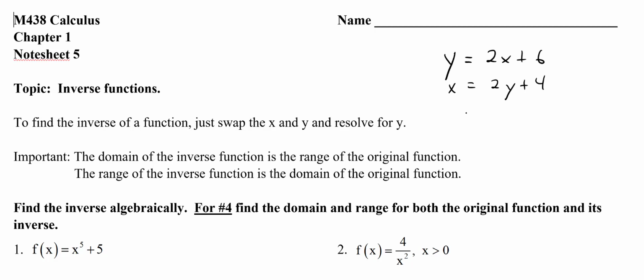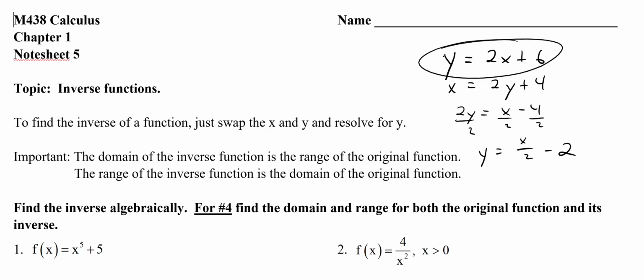So I'm going to subtract 6, so you get 2y is equal to x minus 6, and then divide by 2. So the inverse of this function is y is equal to x over 2 minus 3. That would be the inverse. So we'll talk a little bit more about how you can even tell after you graph it if it's an inverse or not. So it's kind of cool.